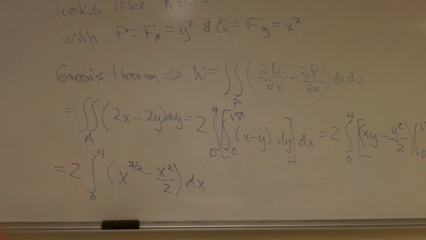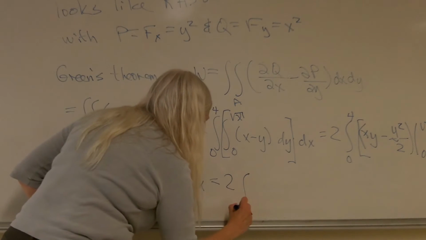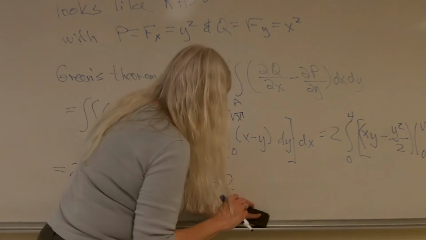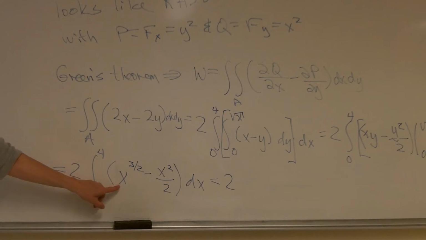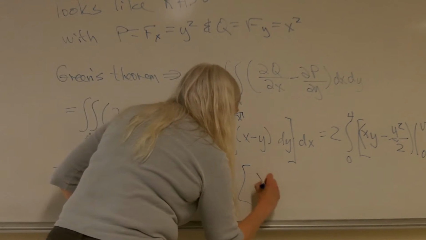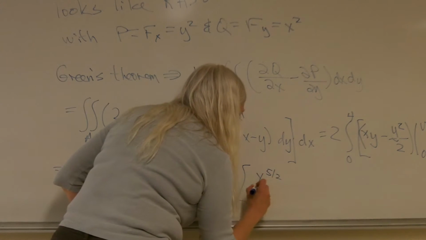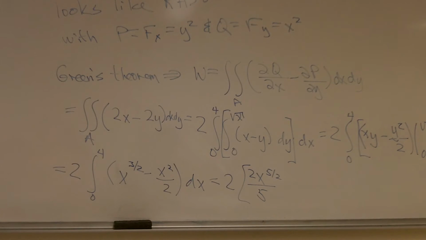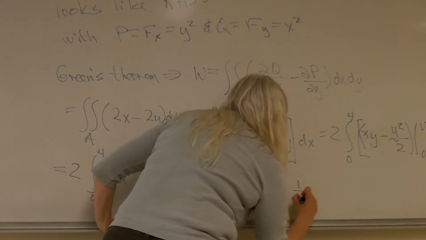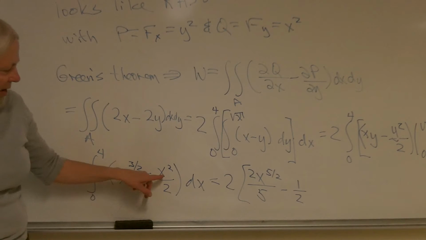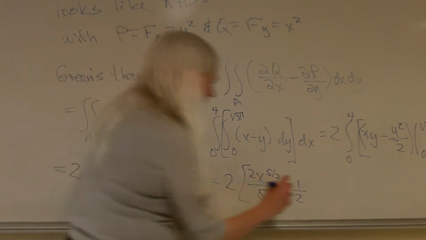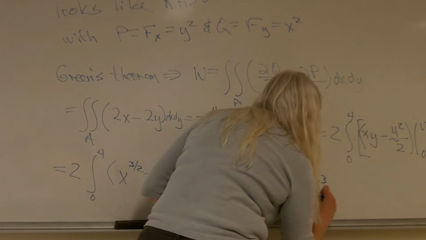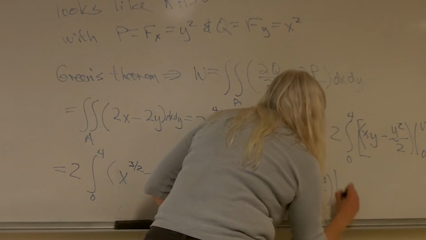Now I have just an ordinary single integral over x. So doing this integral, the integral of x to the 3 halves dx is x to the 5 halves divided by 5 halves, or in other words, multiplied by 2/5. And in the second term, I have a minus 1/2 already, and the integral of x squared dx will give me x cubed over 3. Isn't it supposed to be x? Minus x over 2.